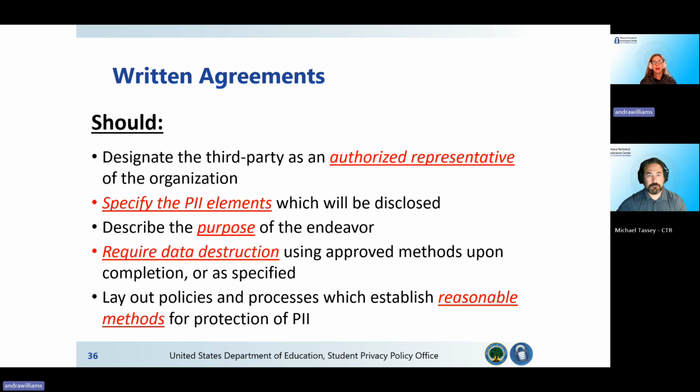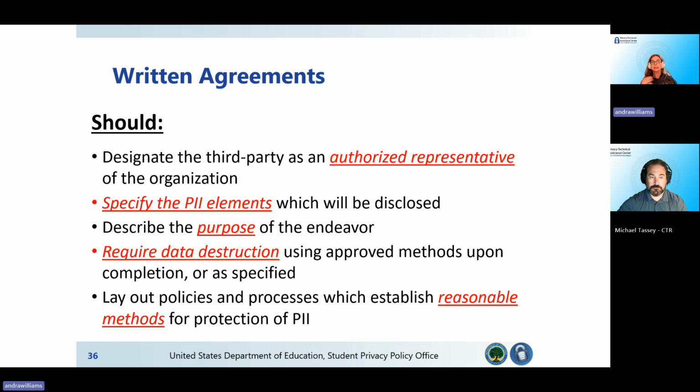It needs to specify the PII elements that will be disclosed, the purpose of the disclosure, and then, because we're talking about it, it's really important to include data destruction in this written agreement. You can specify the methodology for the data destruction. You can specify certification that it's been done, and you can specify consequences.